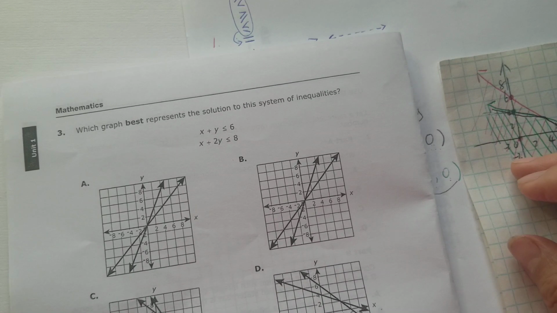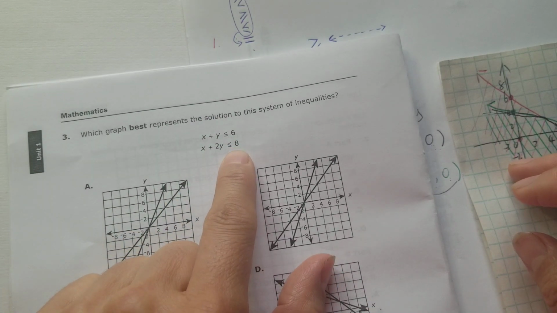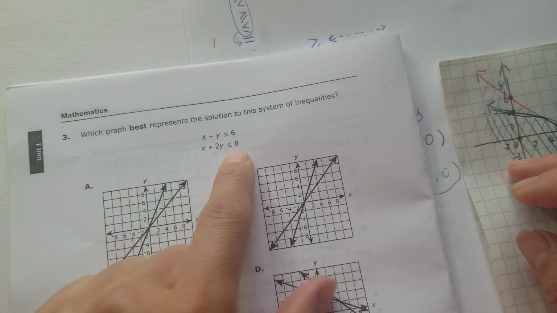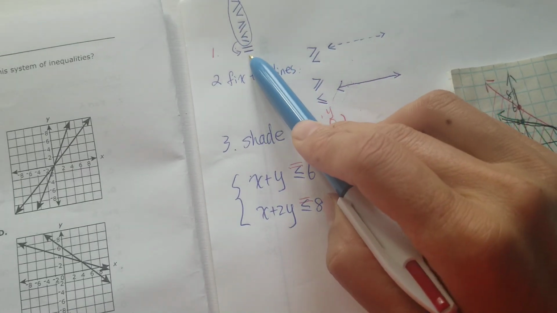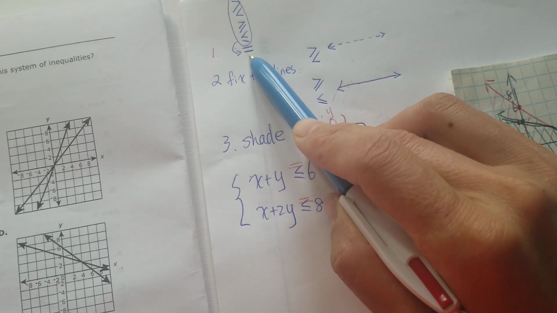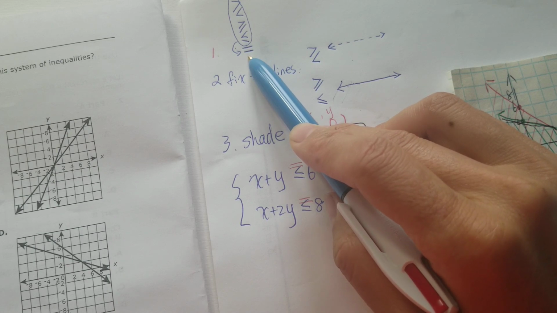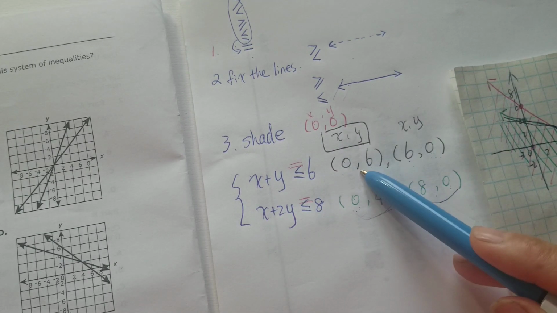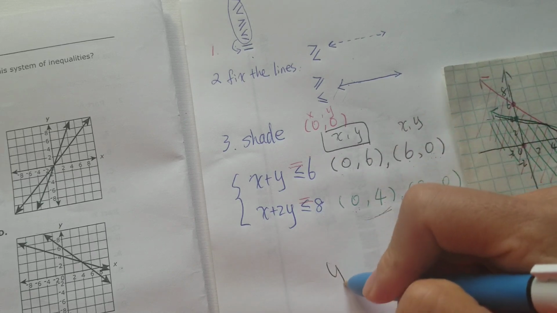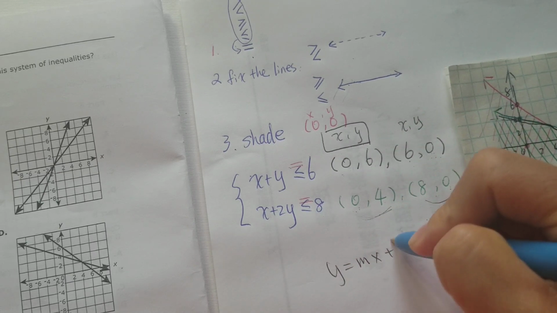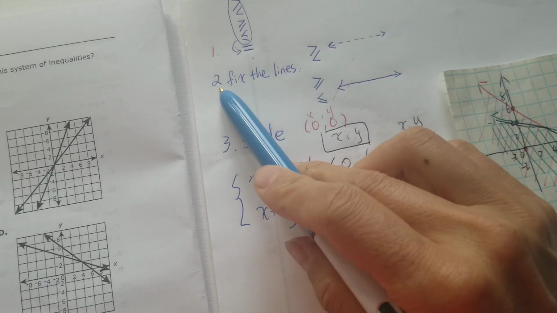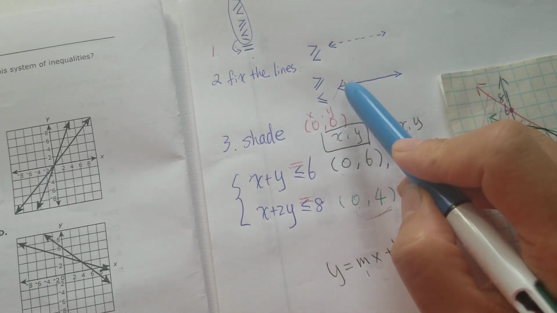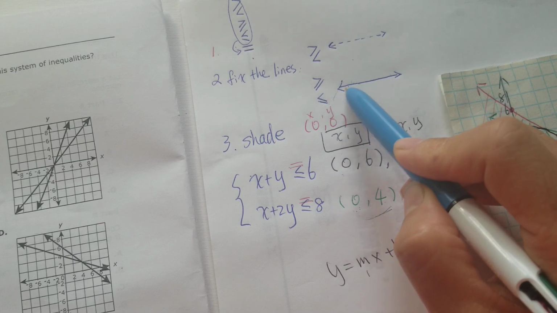Quick review: question number 3 is testing you on graphing a linear inequality system. 3 steps. First one, pretend they are equal. Graph them as a linear equation. You can use the x-y intercepts or the y equals mx plus b form for the slope and the intercept. Second step, you need to fix the line. If you do have the equal sign, use a solid line.